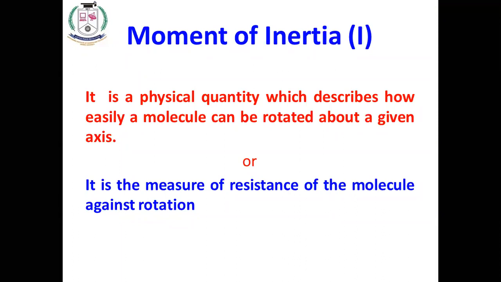What is mu? Mu is equal to m1 into m2 divided by m1 plus m2. R is the distance from the center of gravity of the molecule. So I is equal to mu r square. That is the formula for moment of inertia. Or otherwise, we can define moment of inertia in one more way: it is a measure of resistance of the molecule against rotation.